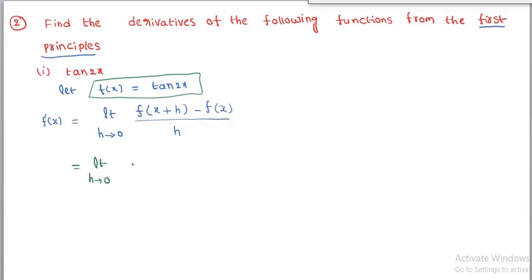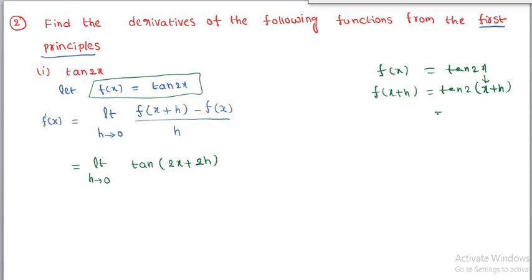So tan 2x, I will write x plus h: tan (2x plus 2h). Okay, f of (x plus h) equal to tan 2 of (x plus h); f of x equal to tan 2x; x replaced by x plus h.